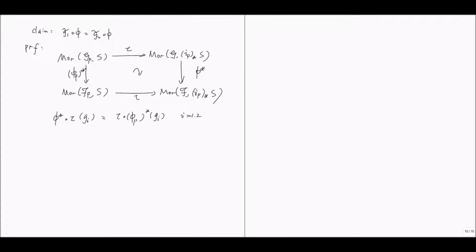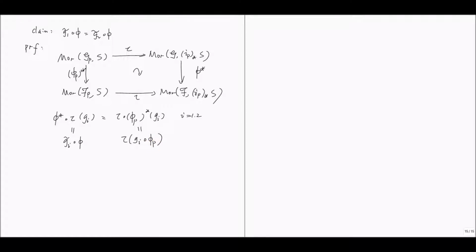The left hand side is equal to G sub i tilde composed with phi, because tau of G sub i is G sub i tilde by our definition. And the right hand side is equal to tau of G sub i composed with phi sub p.